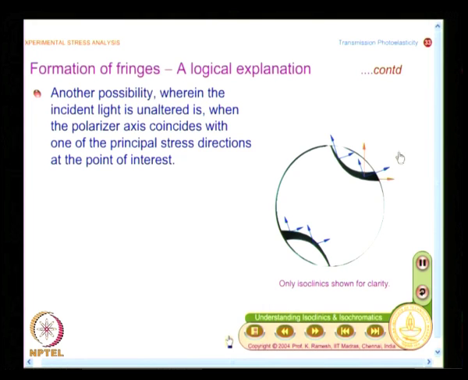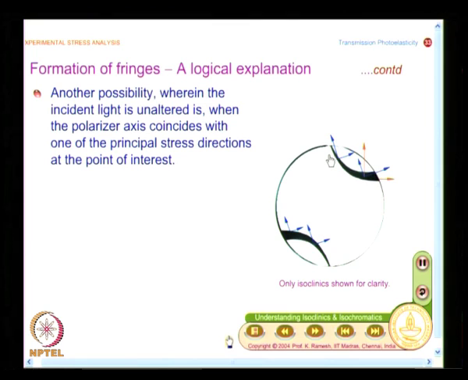For clarity of understanding, isoclinics are shown here, but there is no optical arrangement that is available to get you this. What you could possibly do is take a photoelastic material which has a very high value of f sigma. So, for the given load applied, you may not have significant formation of isochromatics.